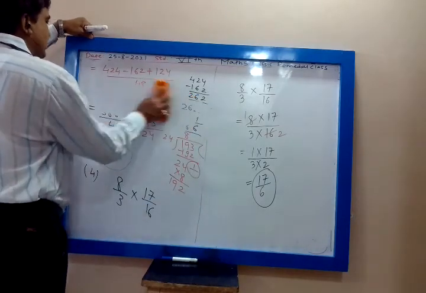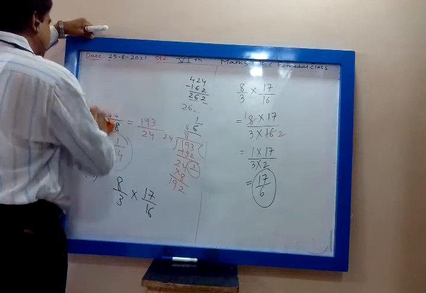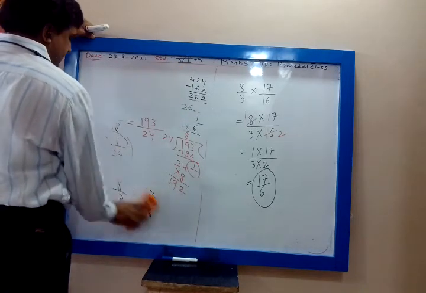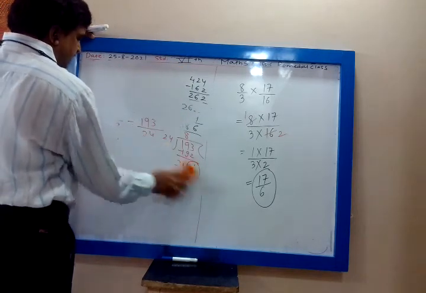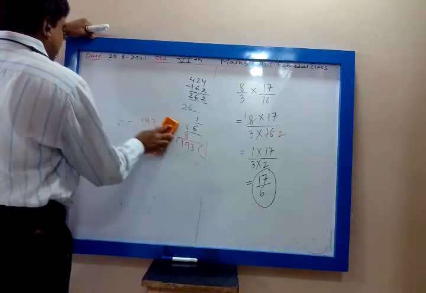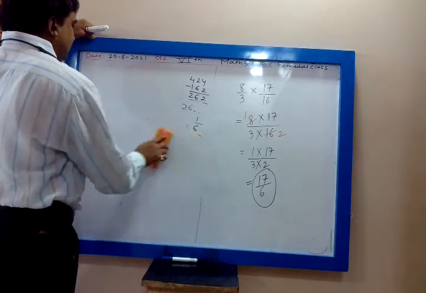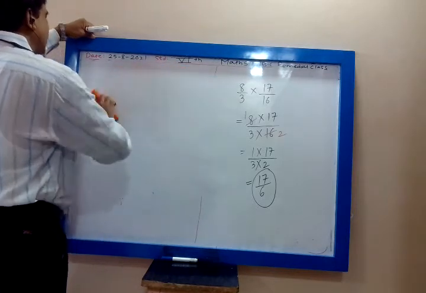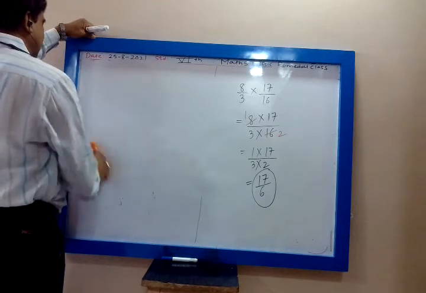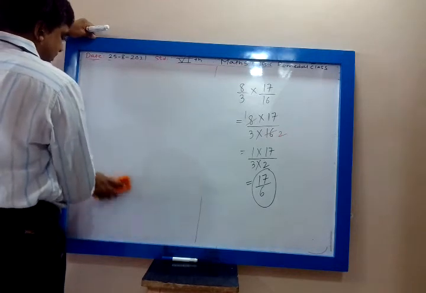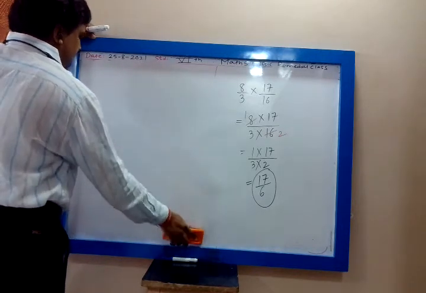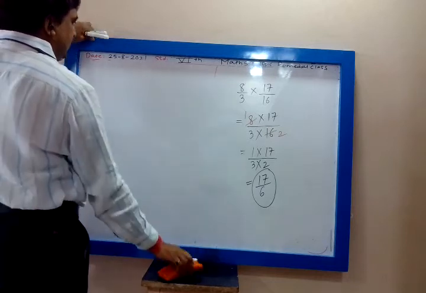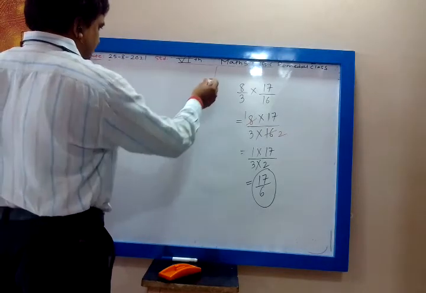Let me give you more questions for practice. Yes, Parth Joshi, Krishna, everything is clear? Concept is clear? Multiplication of two fractions: multiply numerator to numerator, denominator to denominator. Chalo, solve this.